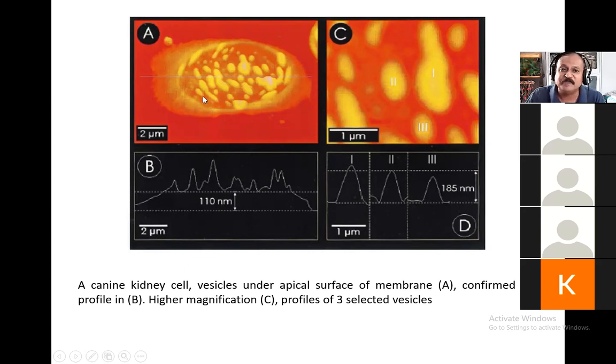Every feature in that cell is observable, and the dimensions of each of the components in the cell are also analyzed. Can you see that here? All the dimensions are also available. For example, the height of this particular feature is 185 nanometer.